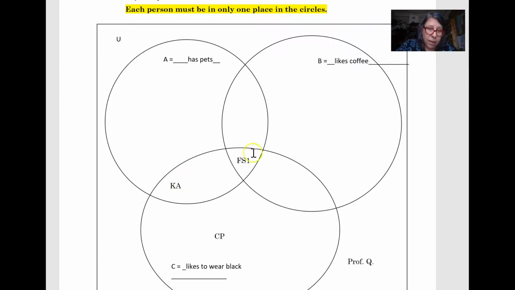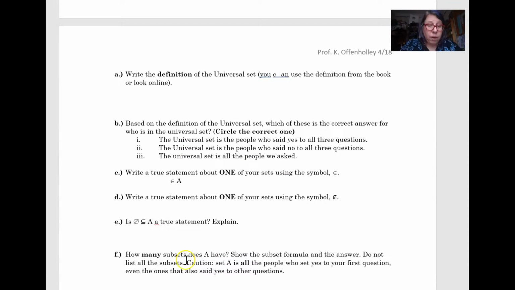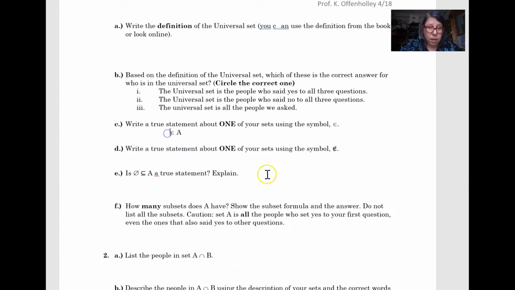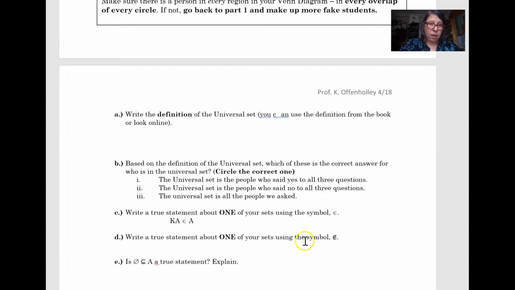Well, KA is an element of set A. Or if I had somebody here, I'm not sure who's here, but maybe this person, XM or whoever is here, I could write that either one of them, either XM or KA, they're both in set A. So I'm going to just pick one of them. So I'm going to write KA is an element of set A.